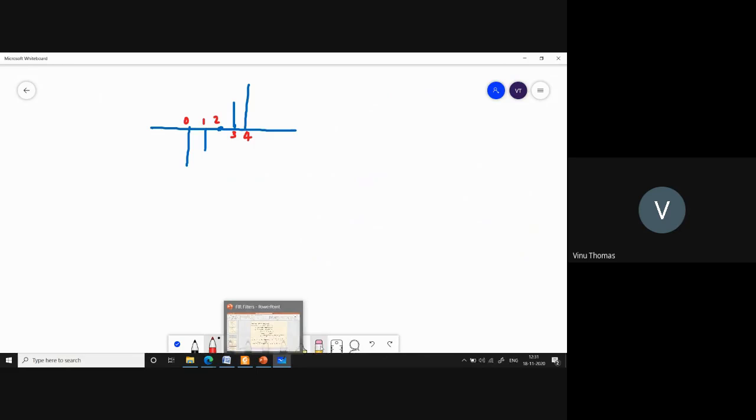I will just relabel the indices as follows. The indices are at 0, this is 1, 2, and -1 and -2. See that the sequence is anti-symmetric with respect to the origin. So this is a sequence which has been made anti-symmetric with respect to the origin.